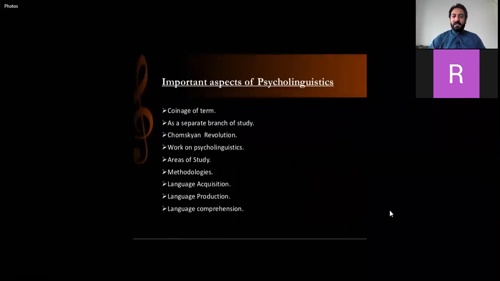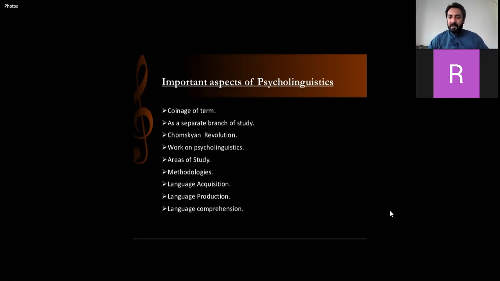These are the important aspects of psycholinguistics. First is, when was this term coined? As we are already saying, before this term, there was a term neurolinguistics used for the same study. Then later on, it was studied as a separate branch of study.